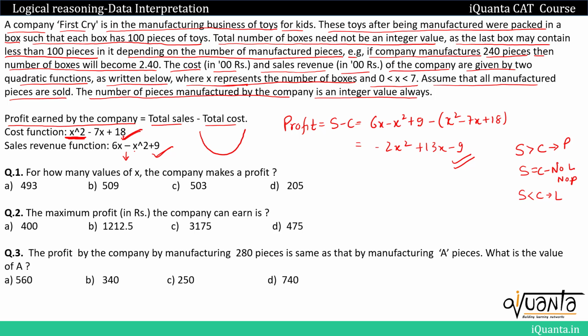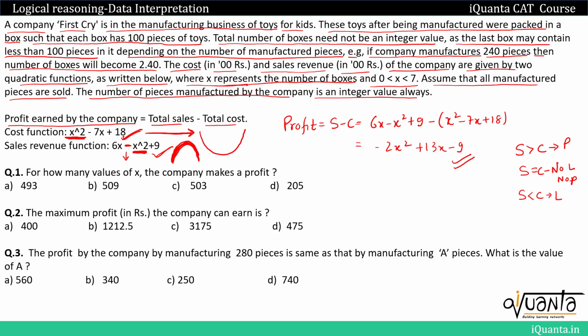Whenever the coefficient of x square in a quadratic function is negative, then the graph of that quadratic function is a downward parabola like this. So this will be the graph for the cost function and this will be the graph for the sales function. We only need to know this much in this question, and this concept is just to make you understand.